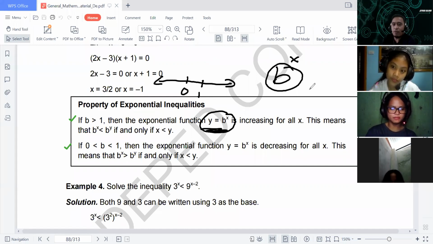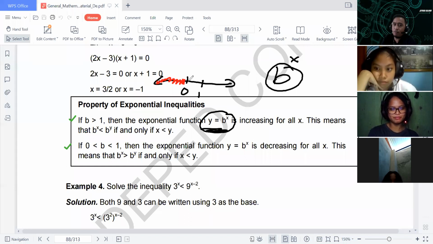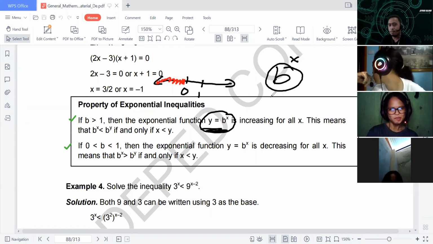By the way, if you have an exponential expression, this b cannot be negative. It should never be negative. The value of b is only from here going there, except b equal to 1. So the possible value of b is any positive real number, 0 is not included, positive real number except 1.